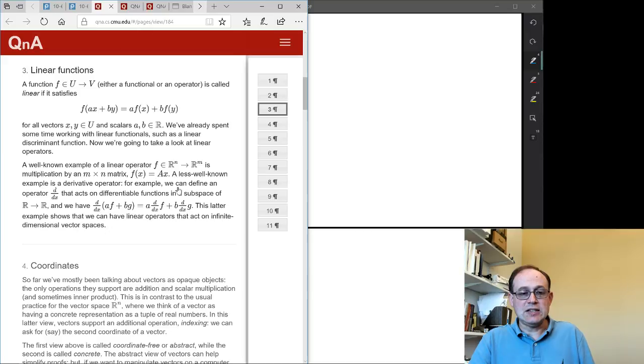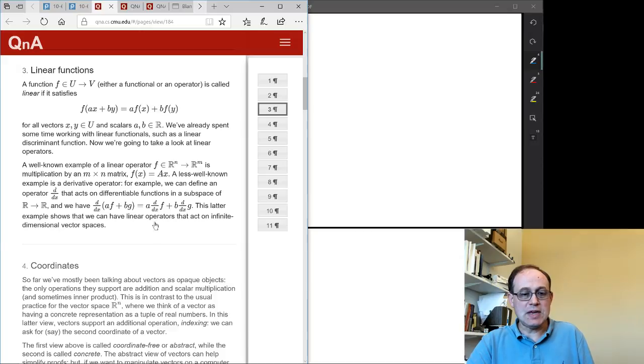As a special case of that one, dot product is a linear function, and in fact a linear functional because it's real valued. Dot product with a fixed vector w, the function w dot x, is linear. We saw an example of that with linear discriminant functions.